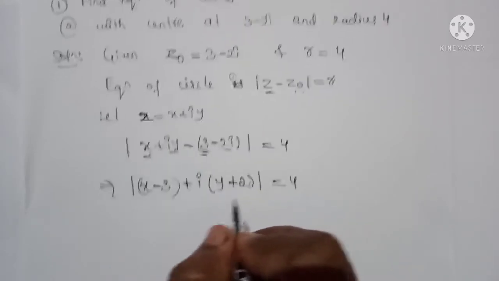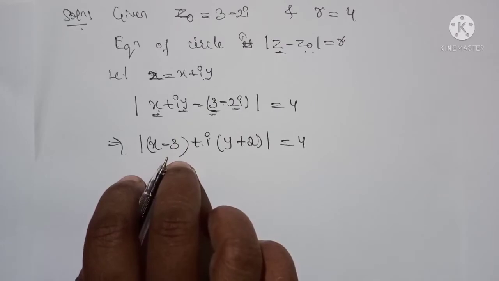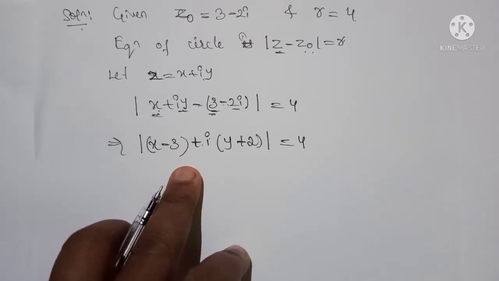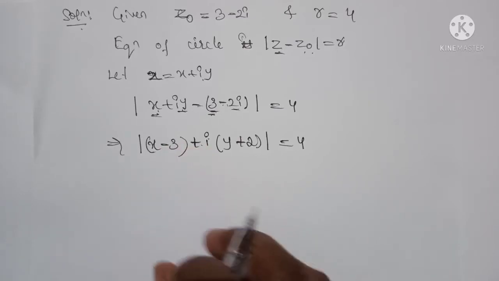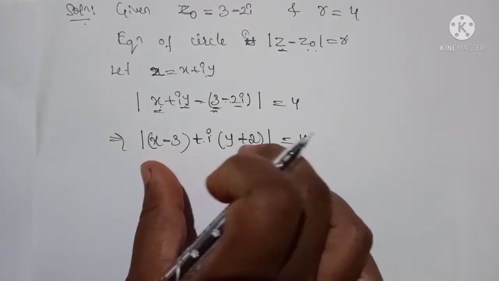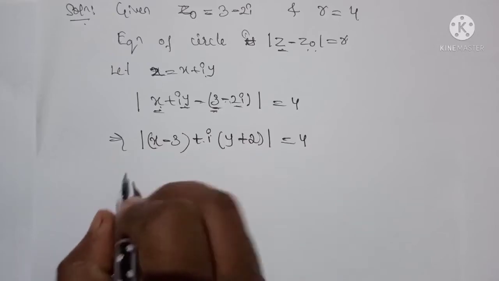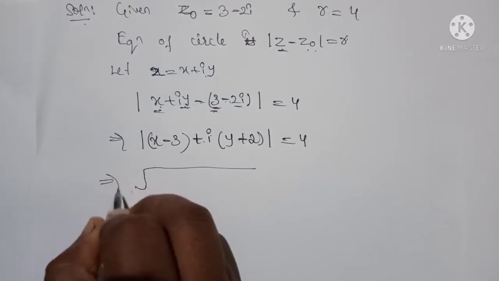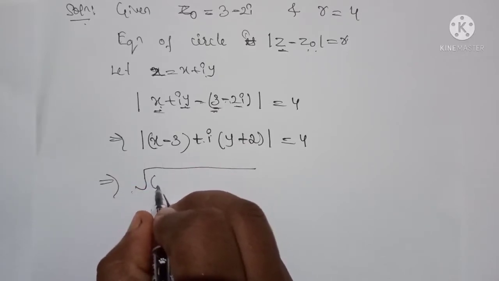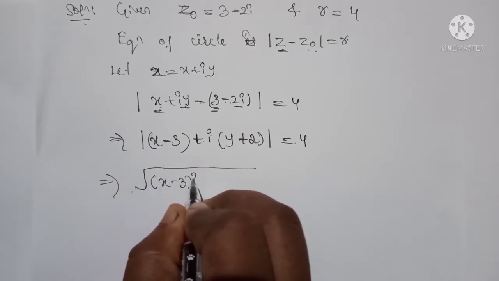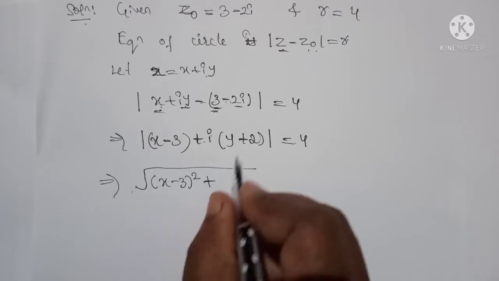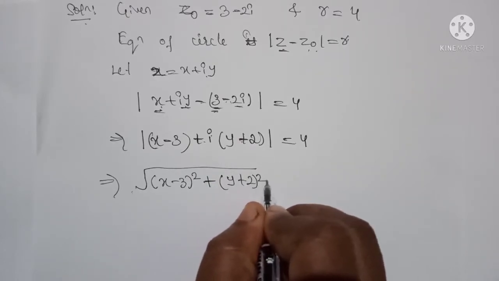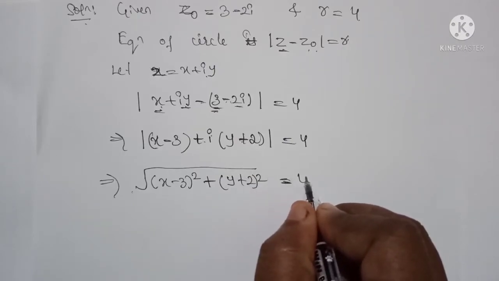Now we remove this mod. Removing mod means we find the modulus of this complex number. So finding its mod we get the square root of real part square plus imaginary part square. Here the real part is x minus 3, so x minus 3 whole square plus the imaginary part y plus 2 whole square equals 4 as it is.